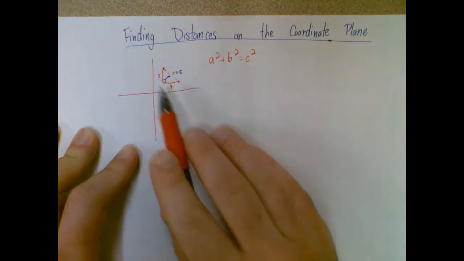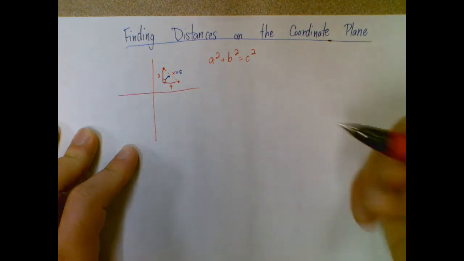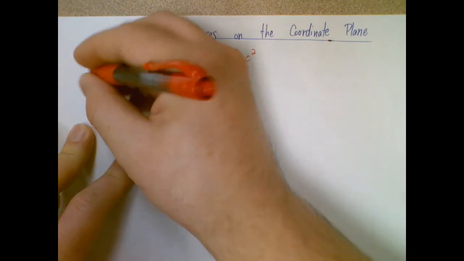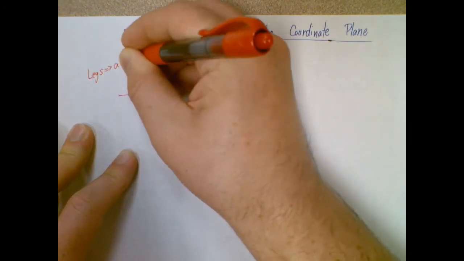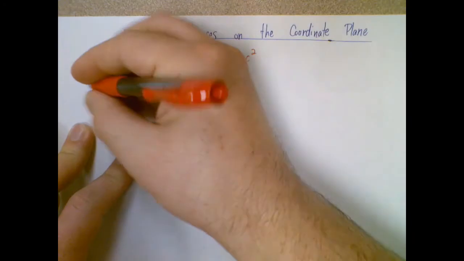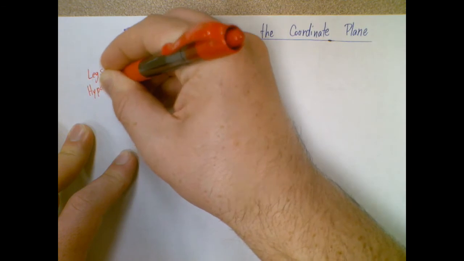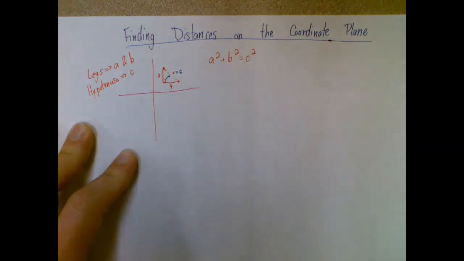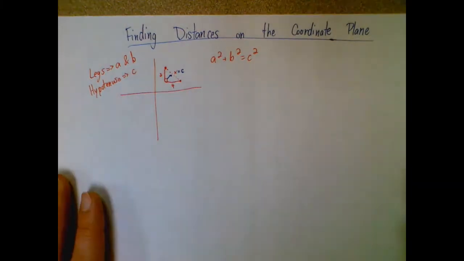You can call this one A and this one B, or this one A and this one B. It doesn't really matter because those are the legs of your triangle. So the legs are going to be A and B, and the long side, which is called your hypotenuse, is C. As long as you keep those straight, it should work out really well for you.